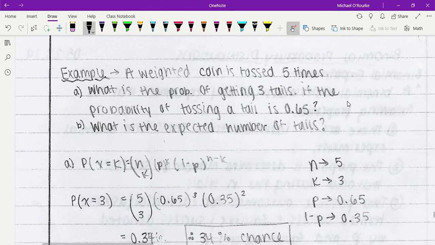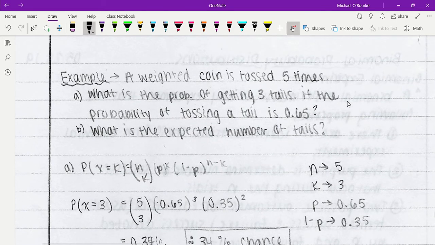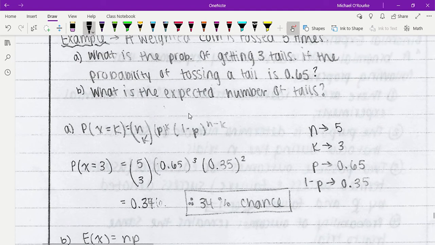Okay, here we go. A weighted coin is tossed 5 times. So it's a weighted coin, so it's not going to be 50-50. What's the probability of getting 3 tails? We're tossing it 5 times, if the probability of tossing a tail is 0.65. If you look down here at the formula, how many trials do we do? 5 trials, and you want 3 tails.